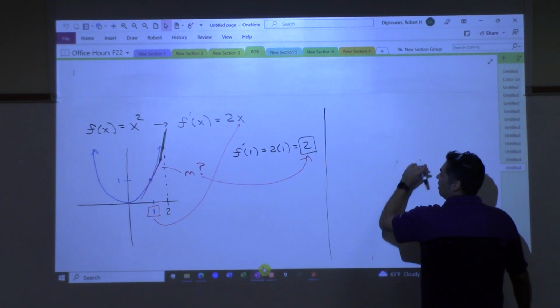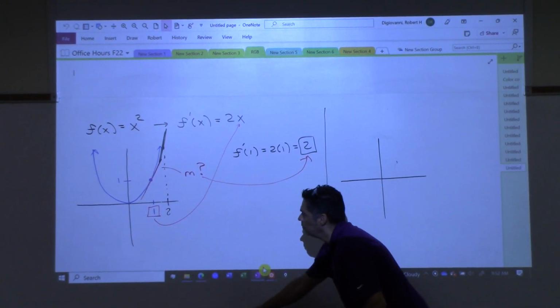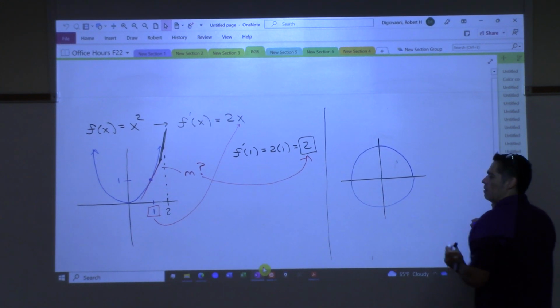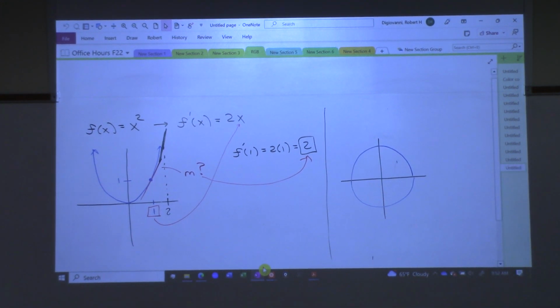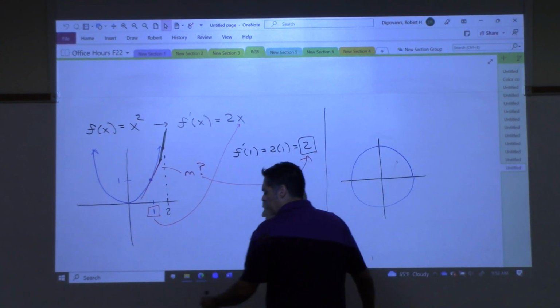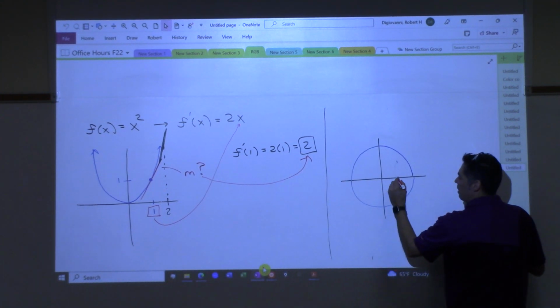Now I'm going to graph something else for you. It's a circle, right? And then I'm going to go to some value of x. I don't know what it is, I'm just going to pick a value right here.